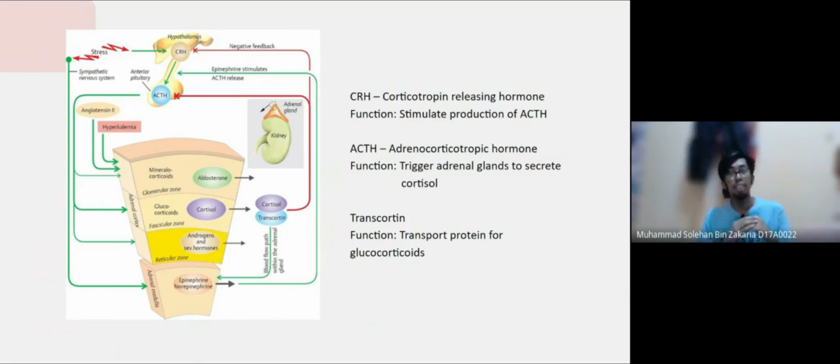So, with the increase in cortisol level, this will trigger a negative feedback on both the hypothalamus and the anterior pituitary gland in order to inhibit and reduce the production of the CRH and also ACTH, which will in turn reduce the production of the hormones by the adrenal gland, which then returns the concentration of hormones back to normal levels as soon as the animal does not experience any stress.